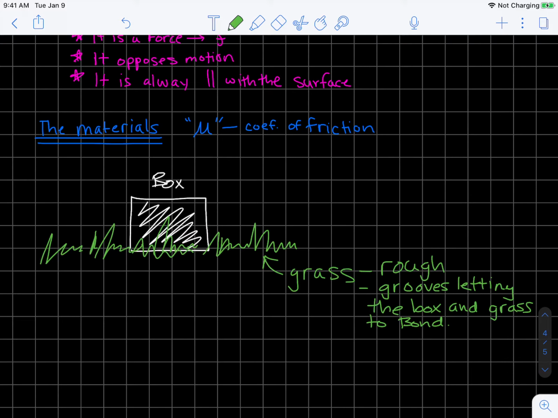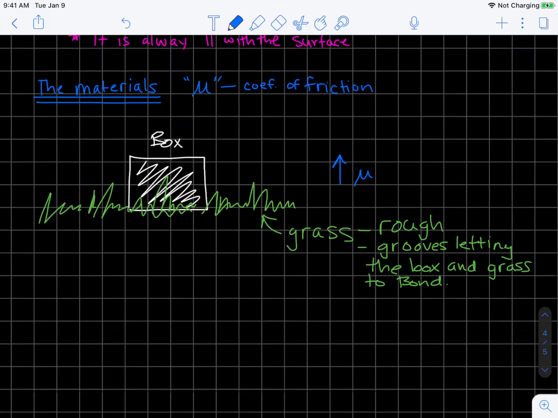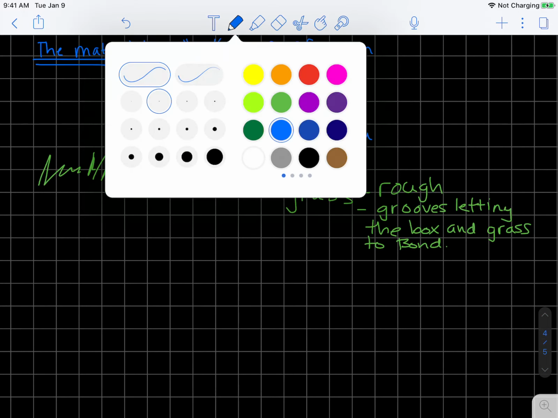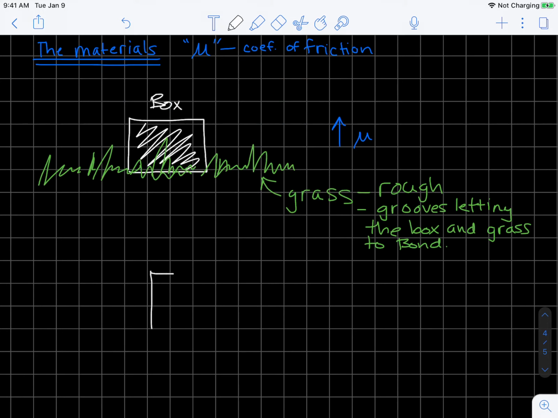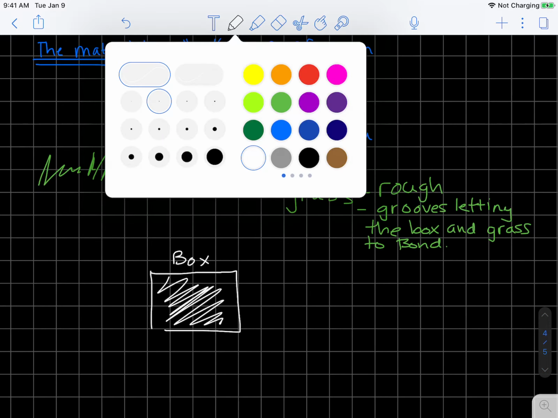So in this particular case, we would have a large coefficient of friction. The material is rough, so it's harder for the box to move on it, and our coefficient of friction would be high. The next scenario is when I have a low coefficient of friction. We're taking the same box, but this time we're going to put it on a sheet of ice.